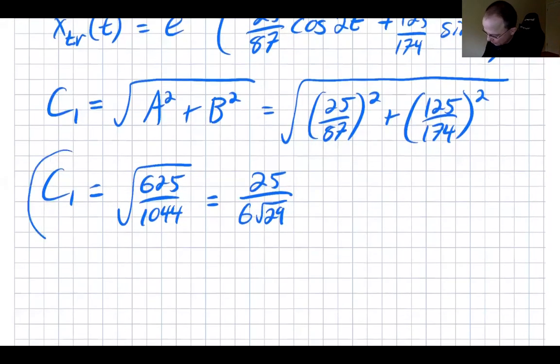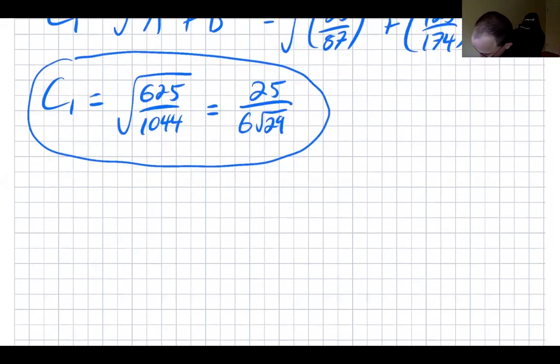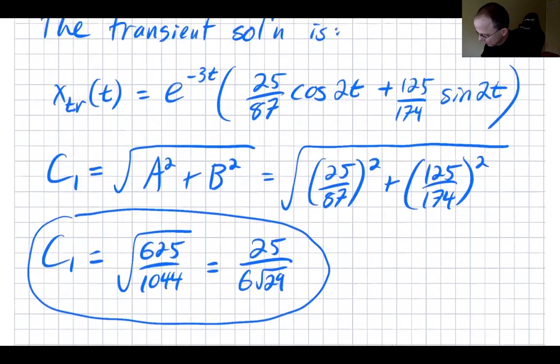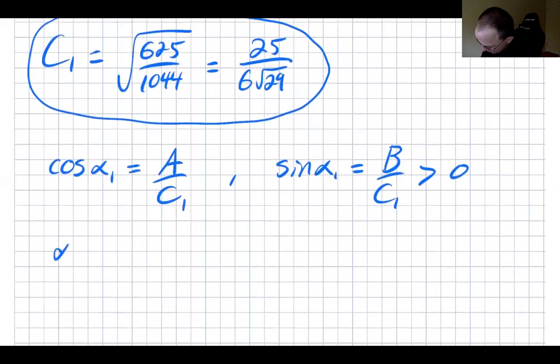So there's the C1. And now we have cosine of alpha 1 is equal to A over C1, and sine of alpha 1 is equal to B over C1. And in this case, this is going to be positive. So therefore, alpha 1 is just going to be the arc cos or inverse cos of A over C1.